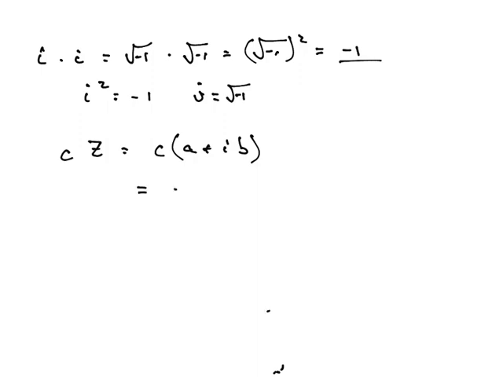And we say this is a times c plus i times c times b. So just like you would expect, if you think about the i as like a variable x or something, you don't have to worry about what i means. You just think of it as a variable. If you're going to multiply a number times a binomial, you just distribute the number in, multiply it by both pieces of the binomial.